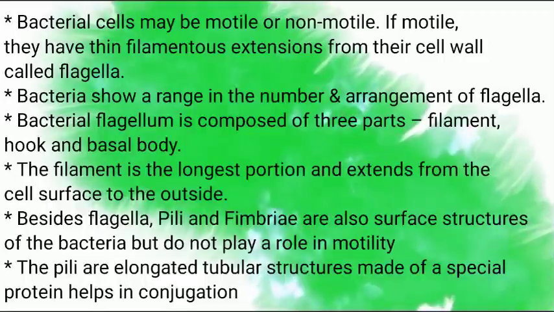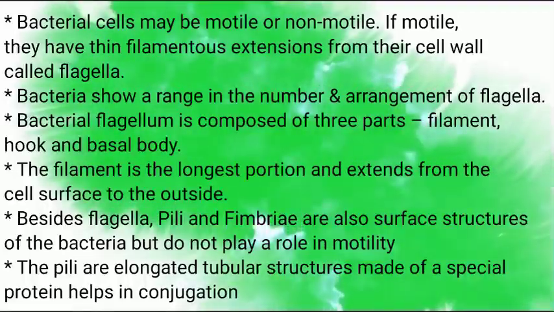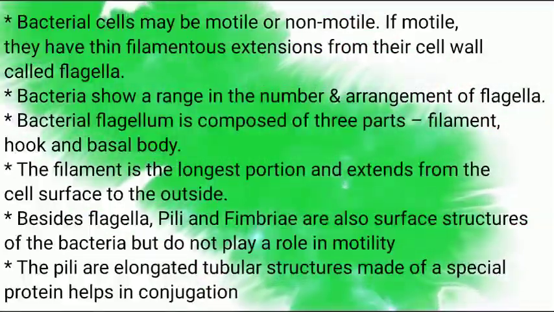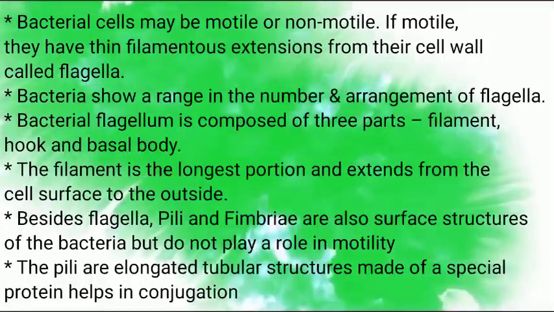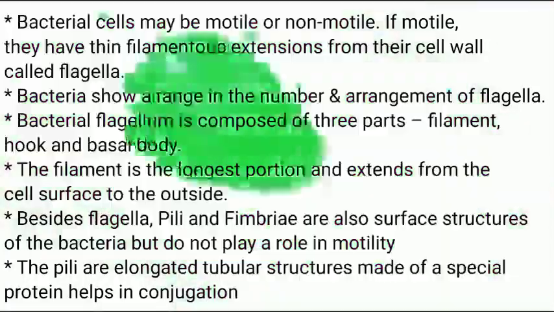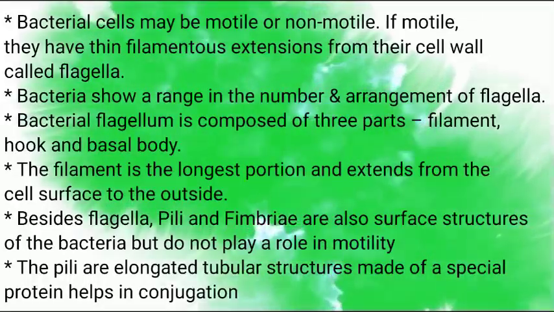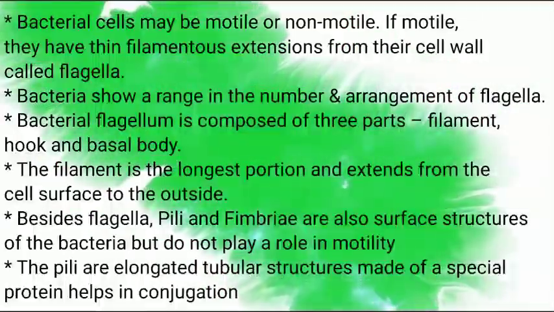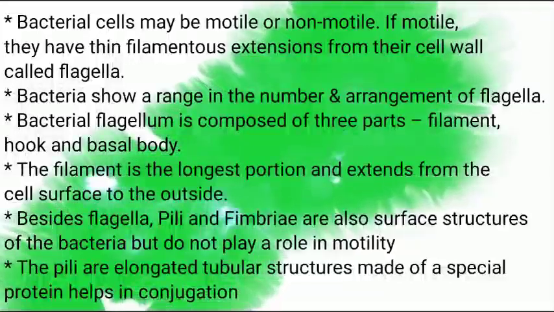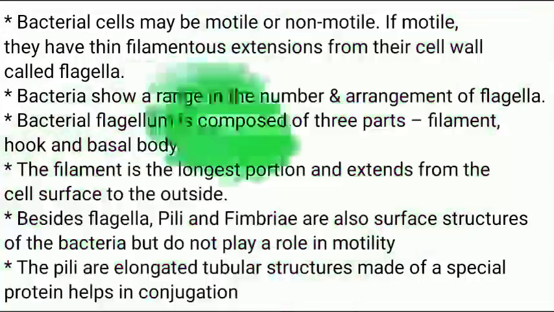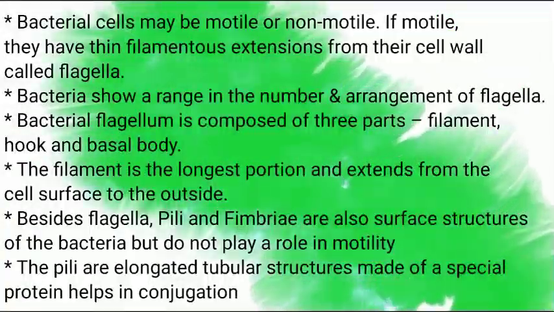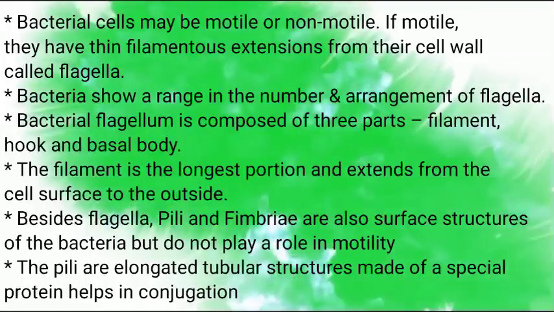The filament is the longest portion and extends from the cell surface to the outside. Besides the flagella, pili and fimbriae are also structures of the bacteria but do not play a role in motility. The pili are elongated tubular structures made of a special protein.